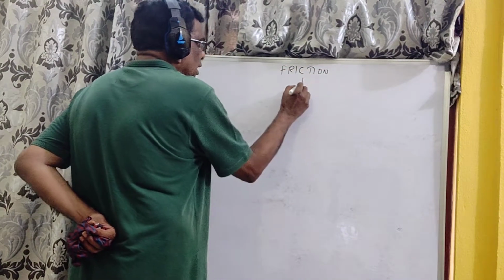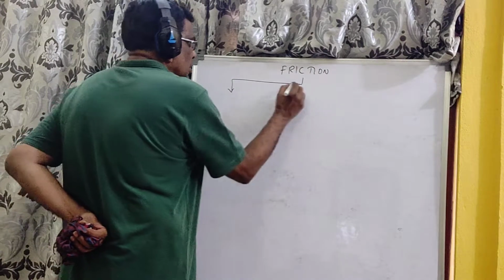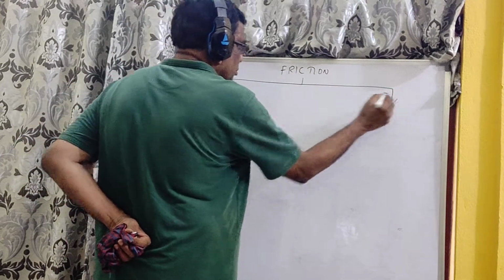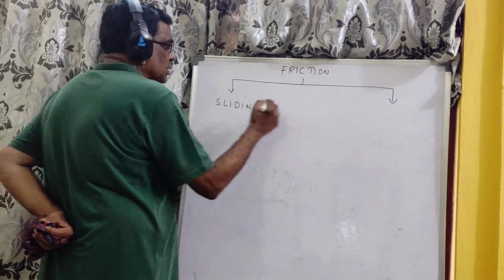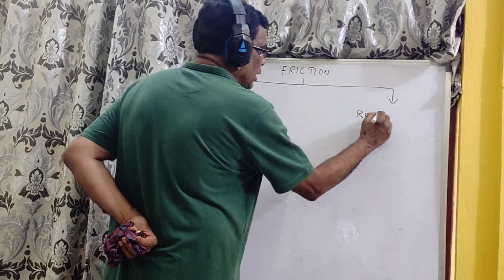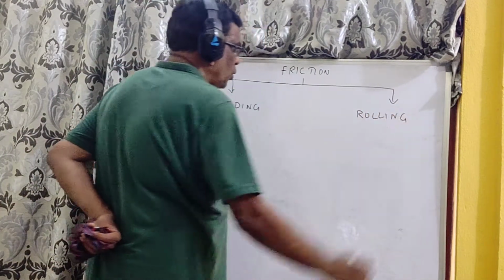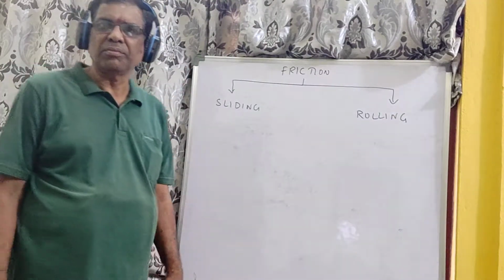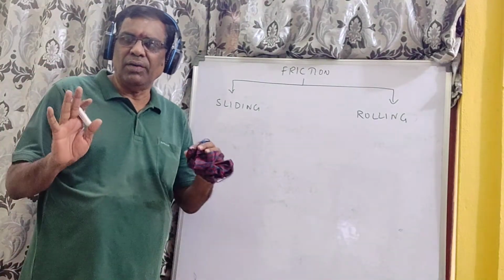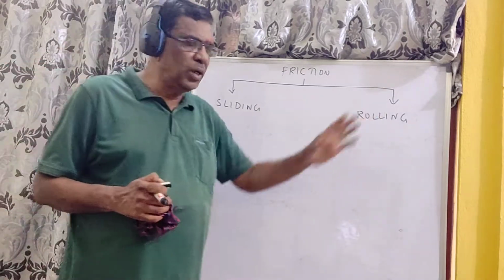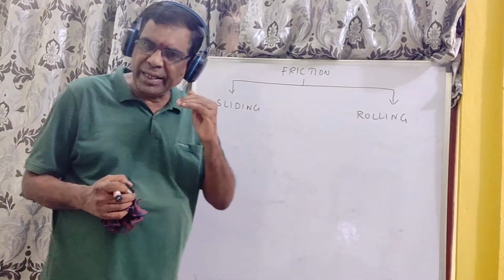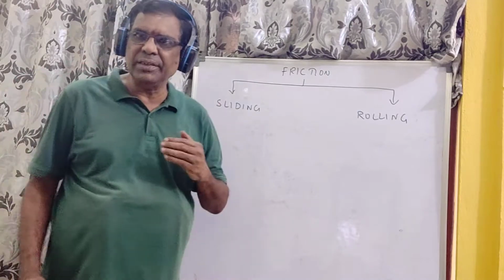Friction basically is of two types: a sliding friction and a rolling friction. I want you to be very careful. Sliding or rolling, the words are again misleading.